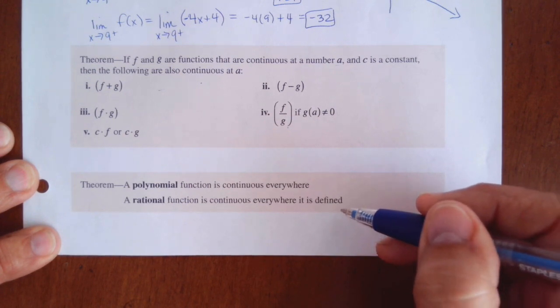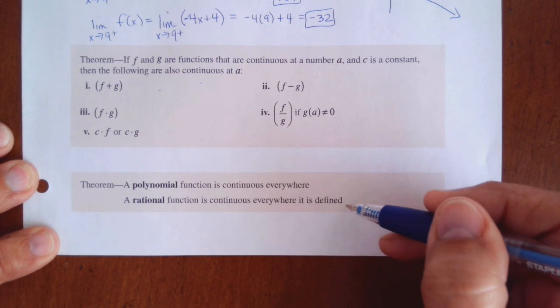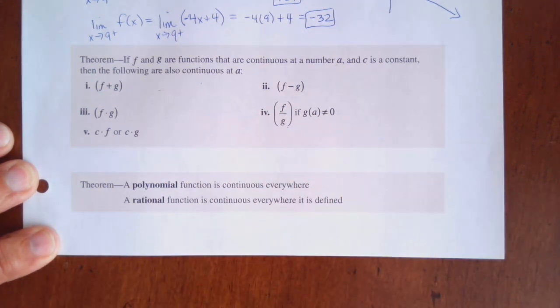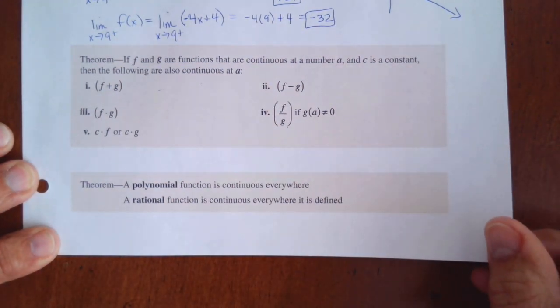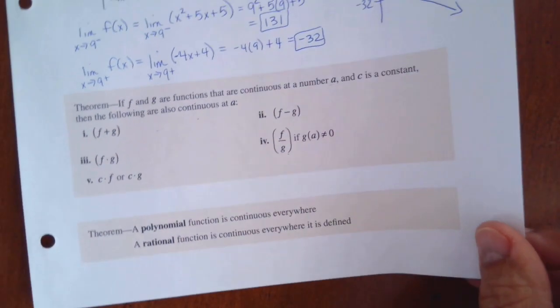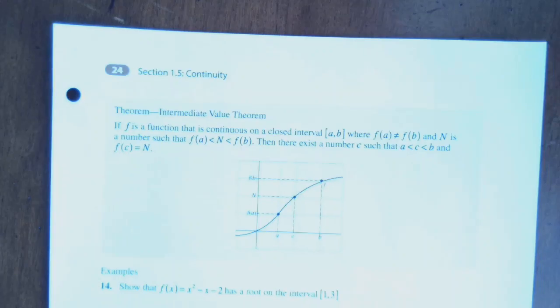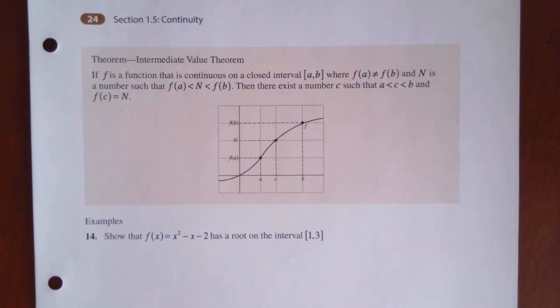Okay, so that's the piece of rational functions you have to remember. What makes the denominator equal to 0? Those are the places where the function is not defined. Okay, all right. The next page is where we're going to end today, which is the intermediate value theorem.